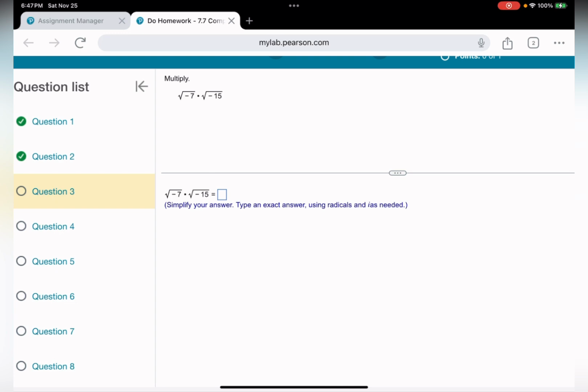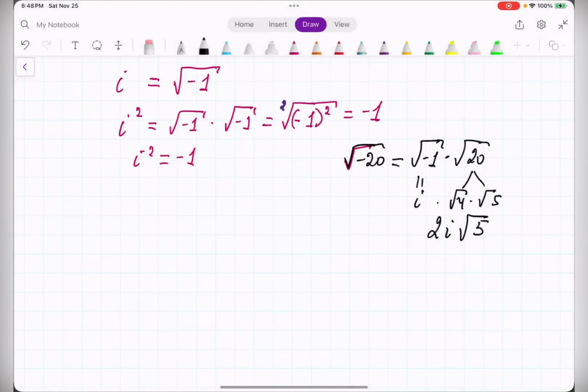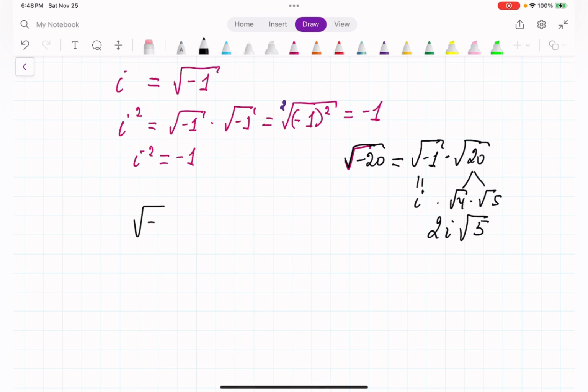And I times I, let me write down, okay? Which is equal to negative 1 times square root of 7, times here also negative 1 times square root of 15, right?